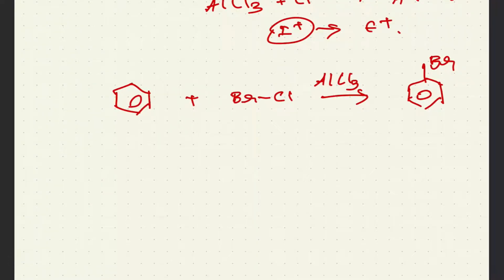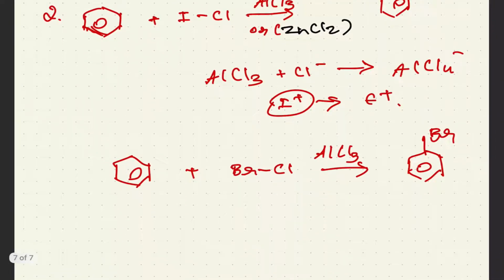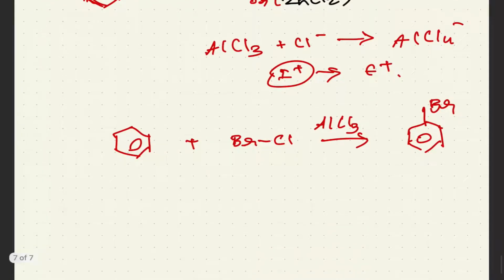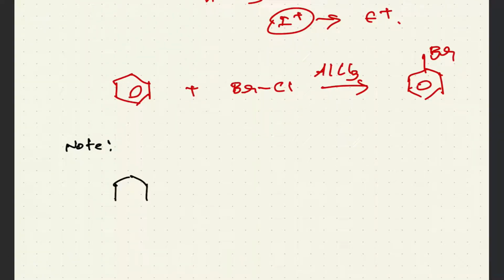Now we found that fluorination is going to be explosive. So what would be a better method to prepare fluorobenzene? I'll give it under a note section, where we would take benzene diazonium salts.